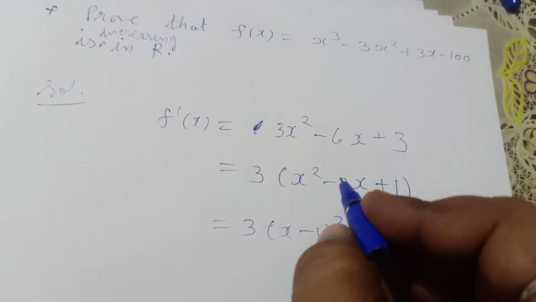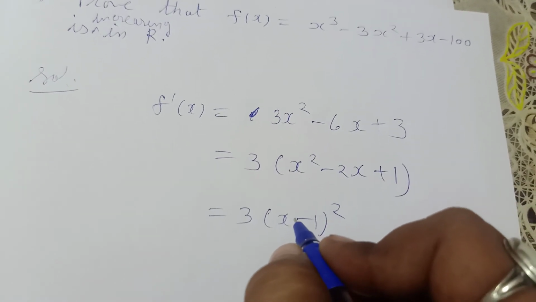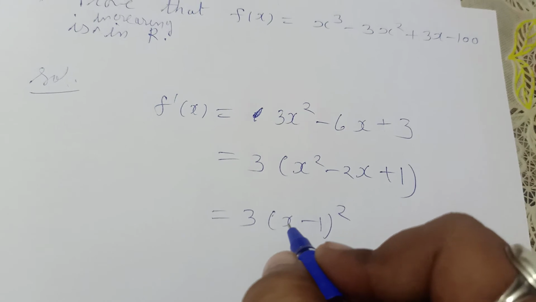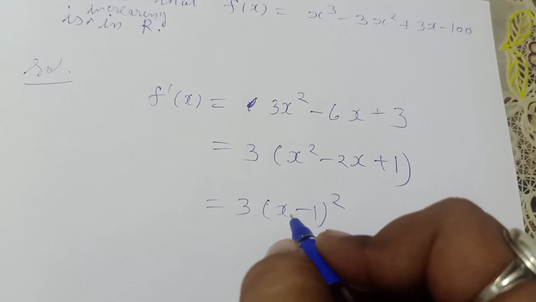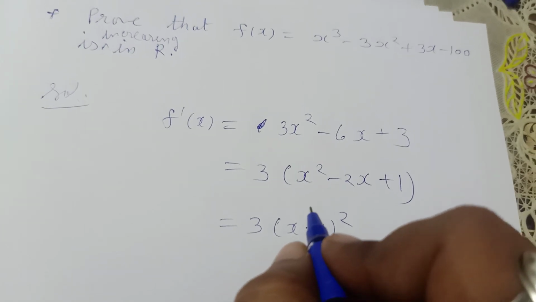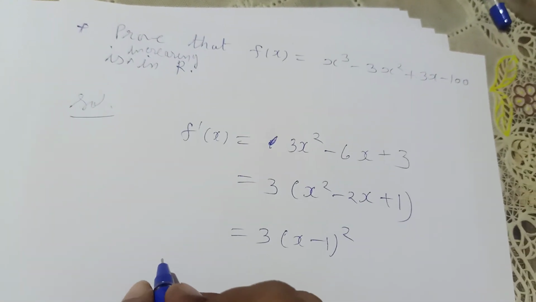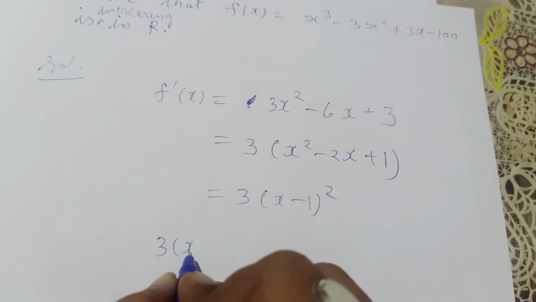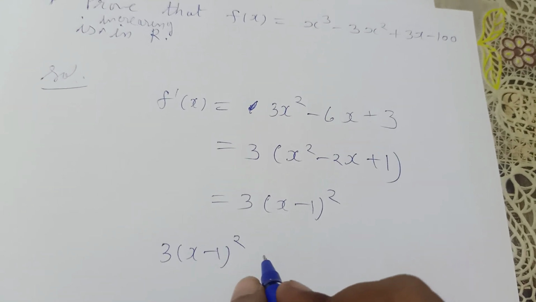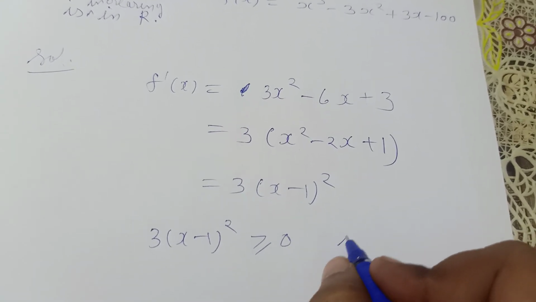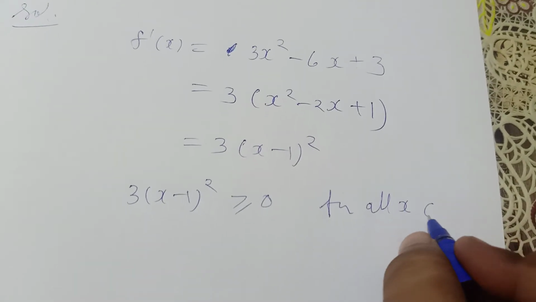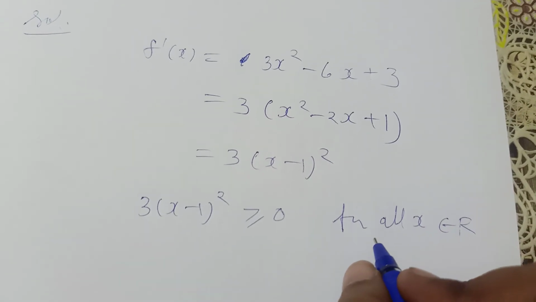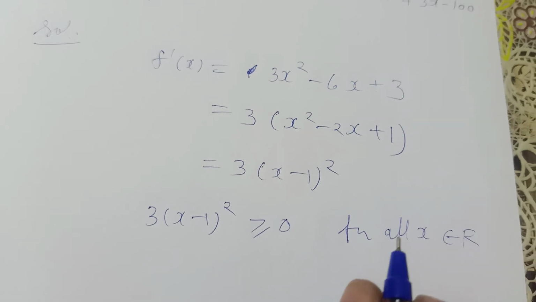Now this value is always positive except for x equal to 1. For x equal to 1 it will be 0. For all other values of x it will be positive. So we can say f dash x, 3 into x minus 1 whole square, is greater than or equal to 0 for all x belongs to R, or in other words, for all real numbers.